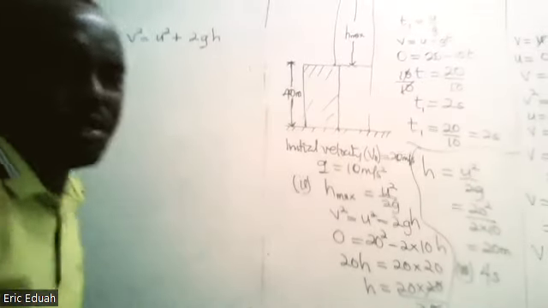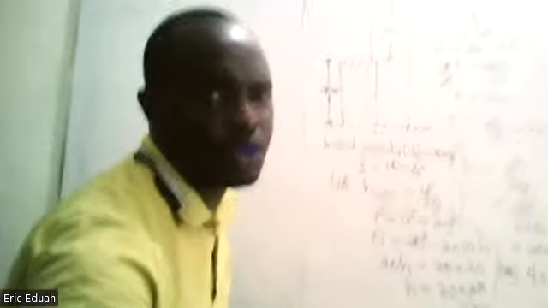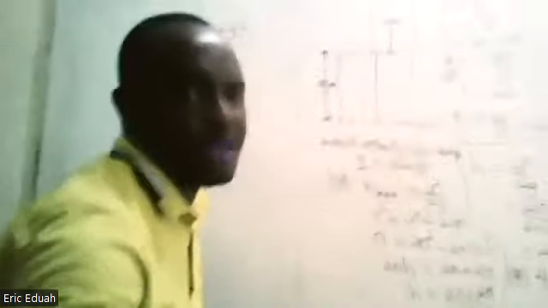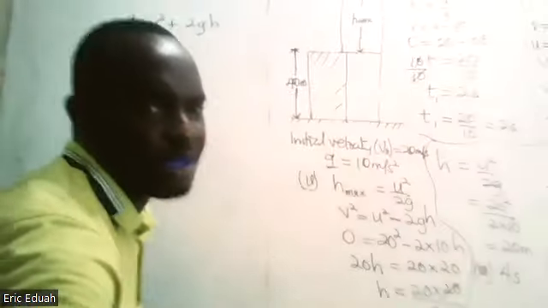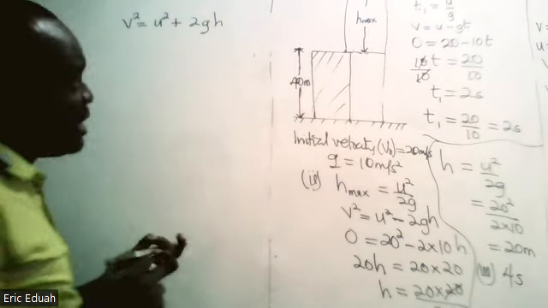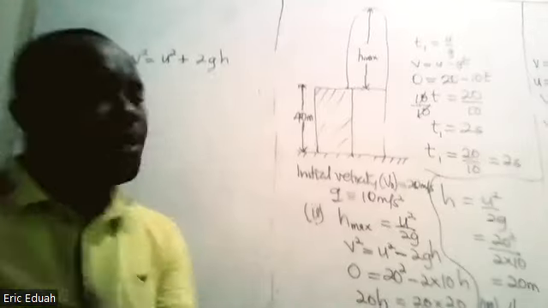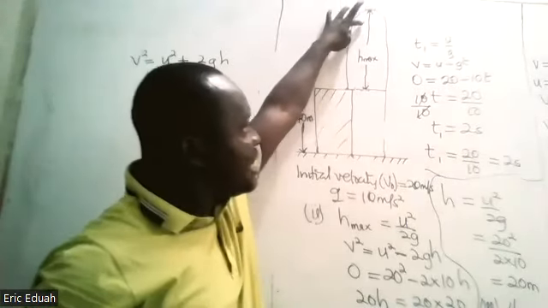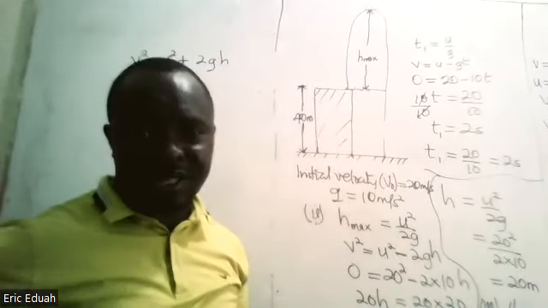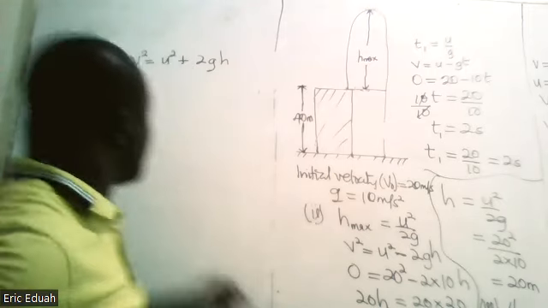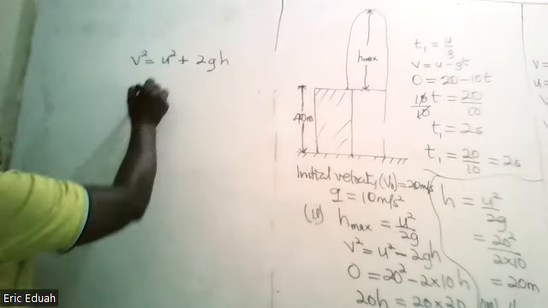I want to bring it closer so we can have a better shot. When the body is free falling from the maximum height, its initial velocity is 0. So straight away, U is 0.